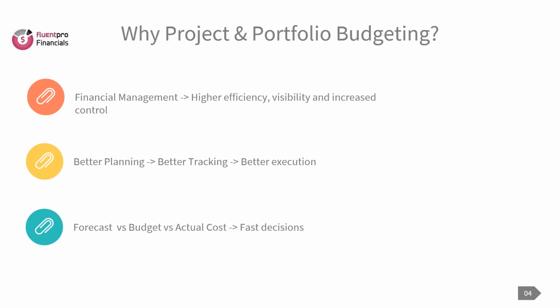It's important for management and for the PMO because it leads to higher efficiency, visibility, and increased control. We understand what our budget is for this year, or for a specific period of time of the project we will be working on. It's a better way to plan activities, allocate budgets, and better execute against those budgets and the projects.